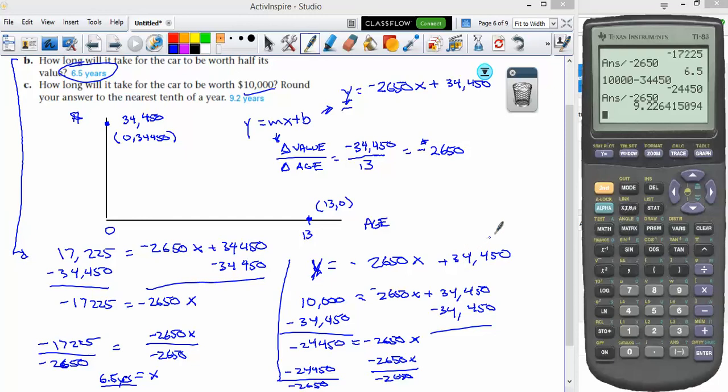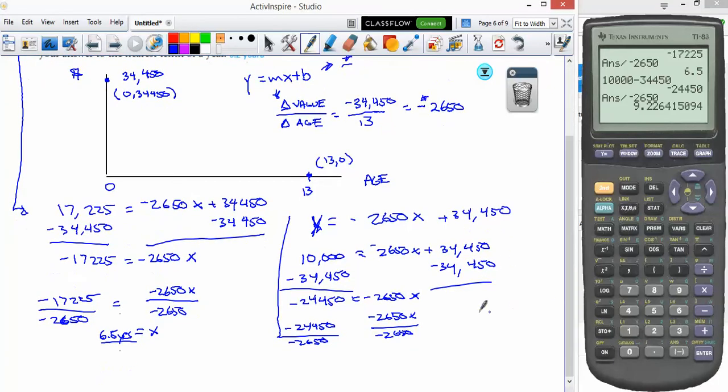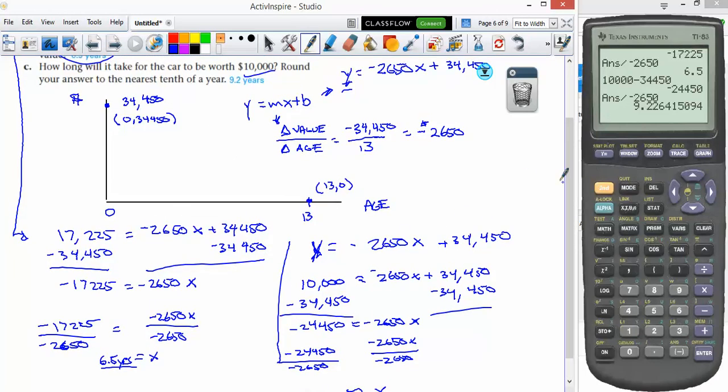And you should get 9.22 years. Rounding to the nearest tenth of the year, x is approximately 9.2 years. Again, which is something that they actually said in the book as well.